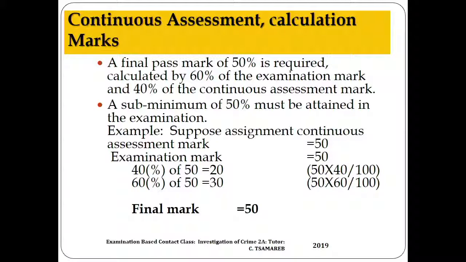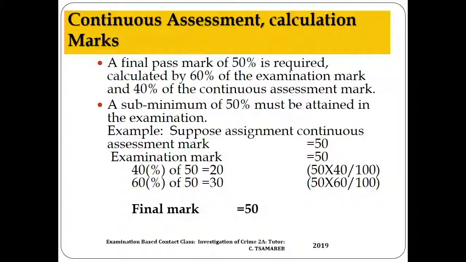Even for your exam, you are required to obtain a sub-minimum of 50 out of 100. If you don't make the 50, it will be difficult, because the 50 will be calculated against a 60% weight for your examination, and a 40% weight will be calculated for the continuous assessment, meaning that a sub-minimum of 50 must be attained for you to be able to write the exam.